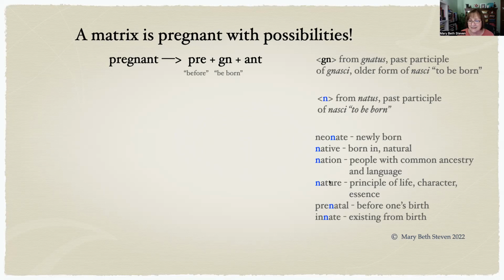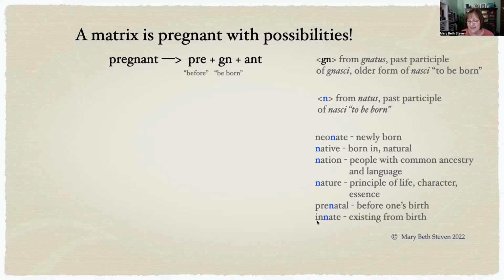The same ATE suffix is here too: N plus ATE, replace the E with URE suffix, another vowel suffix. And it's also here in prenatal. PRE is the prefix, N is the bound base, ATE, replace that E with the vowel suffix AL. Here we see that ATE suffix at the end in innate, right?